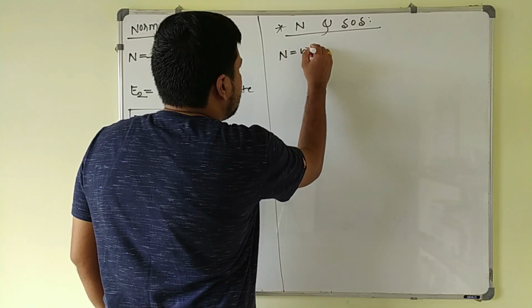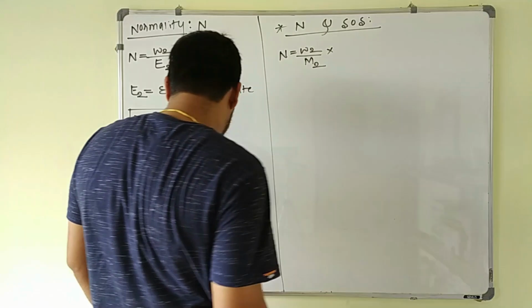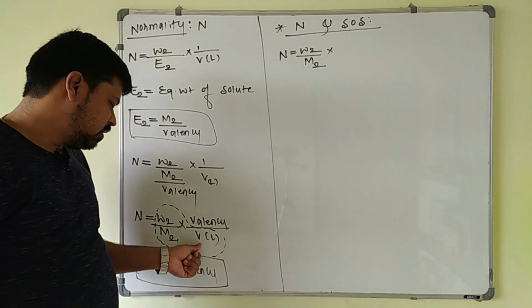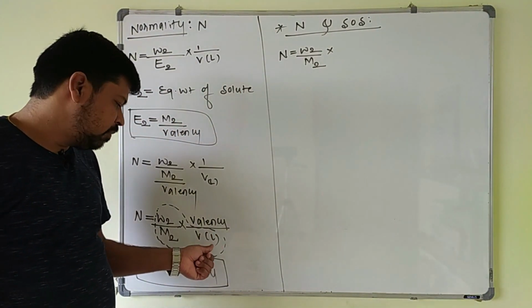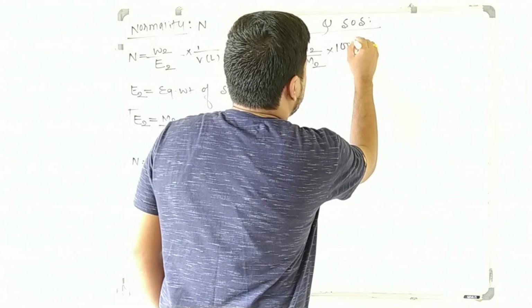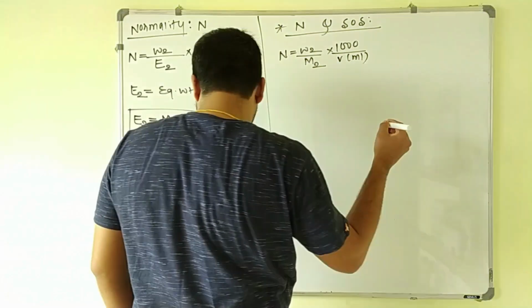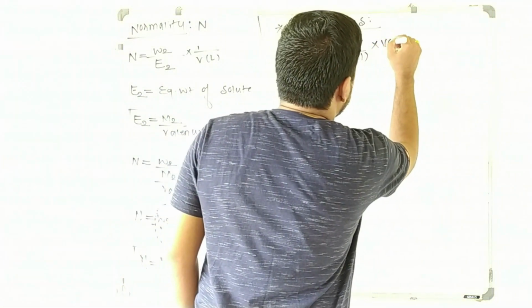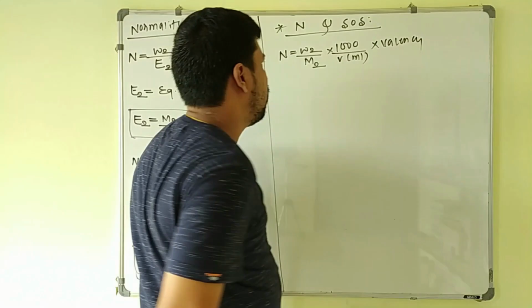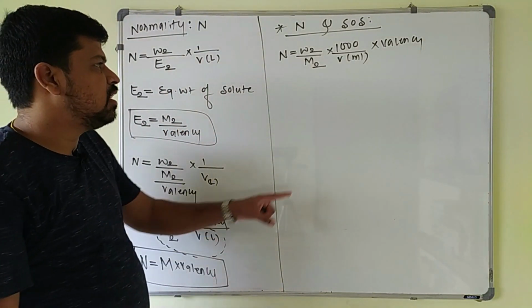Normality is equal to W2 by M2 into valency, where this volume is taken in liters. If you take it in terms of ml, you have to multiply by 1000, that is 1000 divided by volume in ml, into valency. So this is the formula for normality, okay. Here I have taken volume in liters and this is in terms of ml.